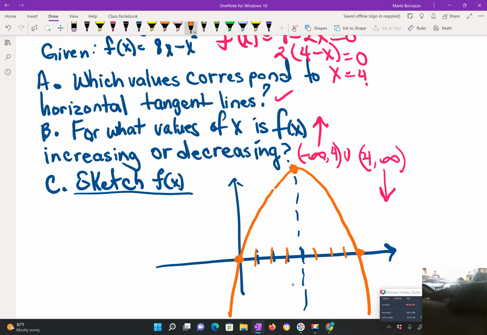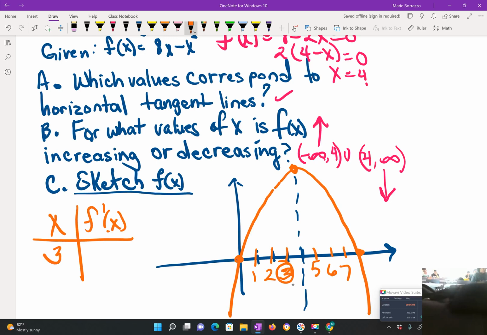I could choose 3, 2, 1, 0. I would not want 0. Here, this would be 5, 6, 7. And so you would choose points such as that. And if you have x, and then here's your f prime x value, we could choose 3.